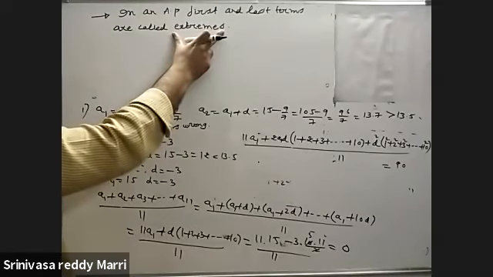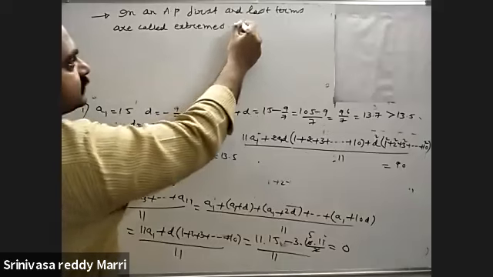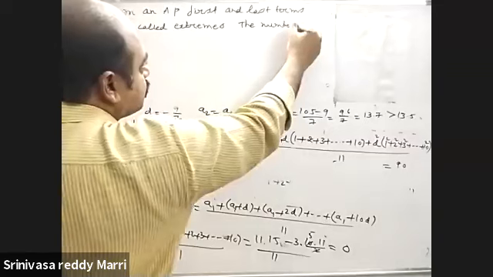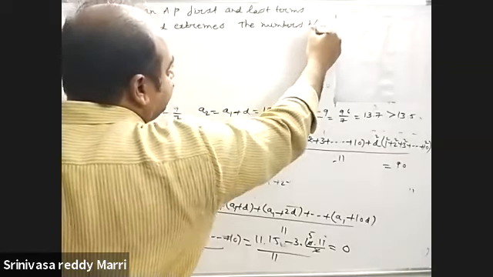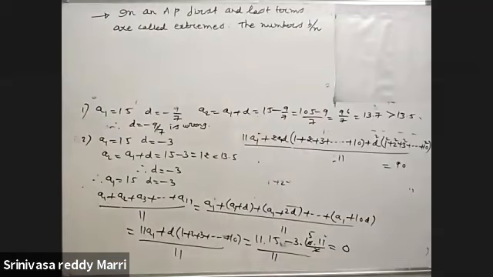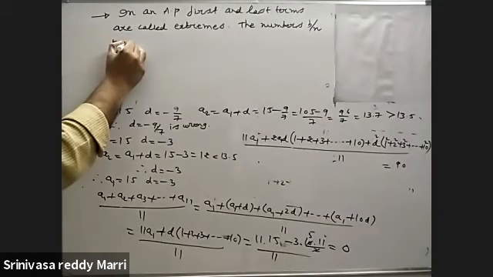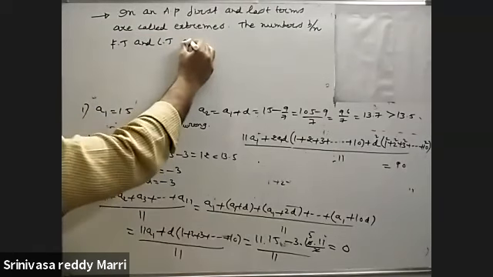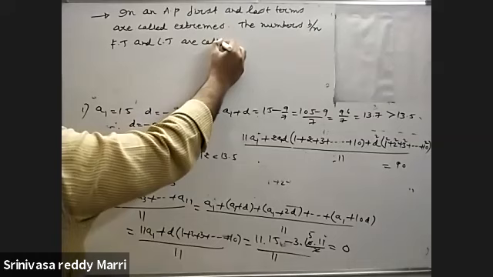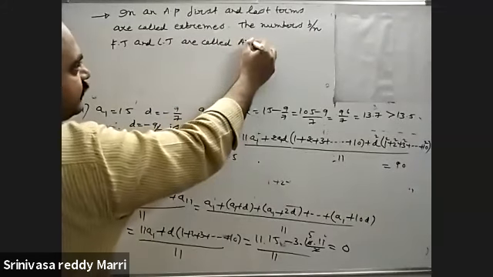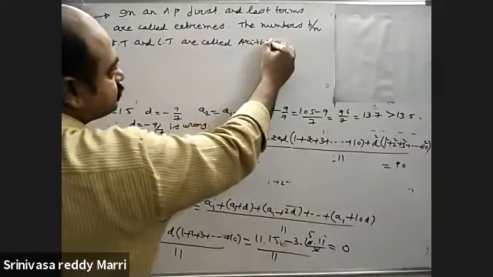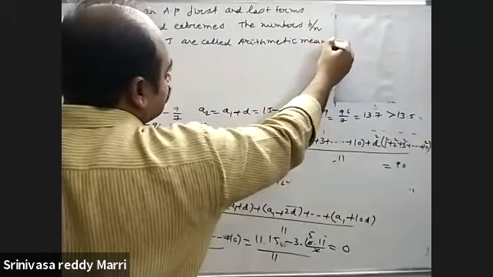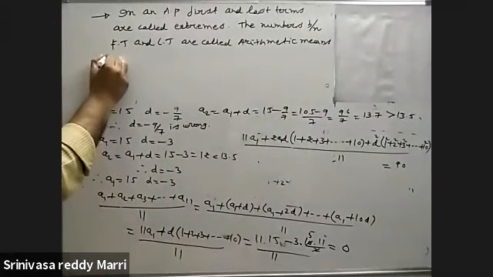They have a particular name. The numbers between the first term and the last term are called arithmetic means in AP.